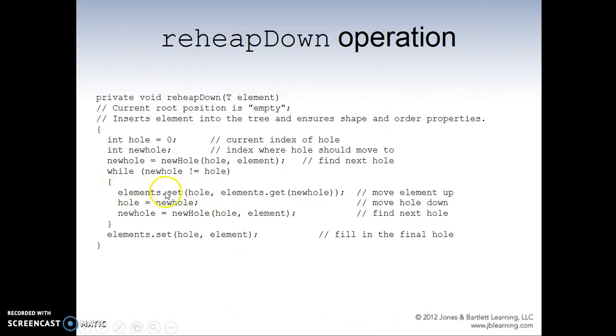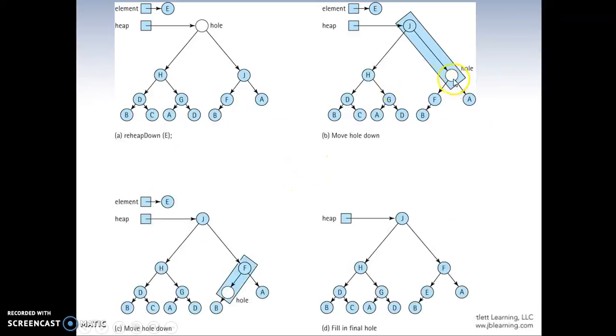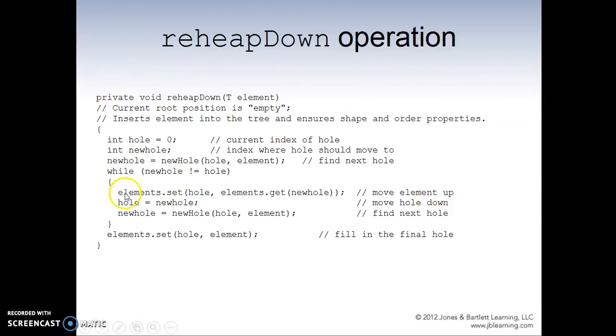We call elements.set and pass the hole, and elements.get the new hole. Right, because we know that new hole is going to be that location J, so we're going to set J to the hole and move the new hole to where J is. So this pretty much does that. Move the element up, and then hole equals new hole. Right, because the operation new hole already compared them.